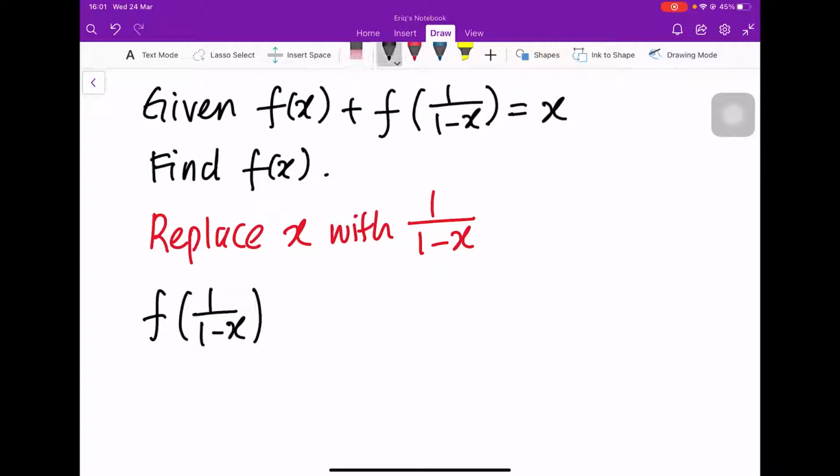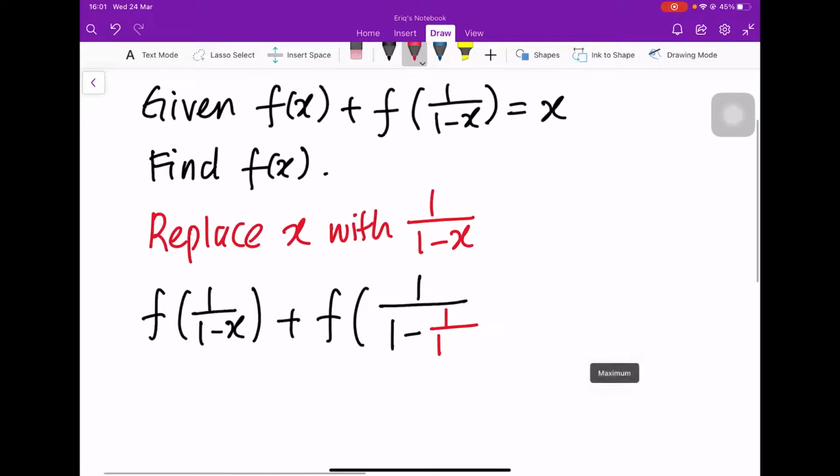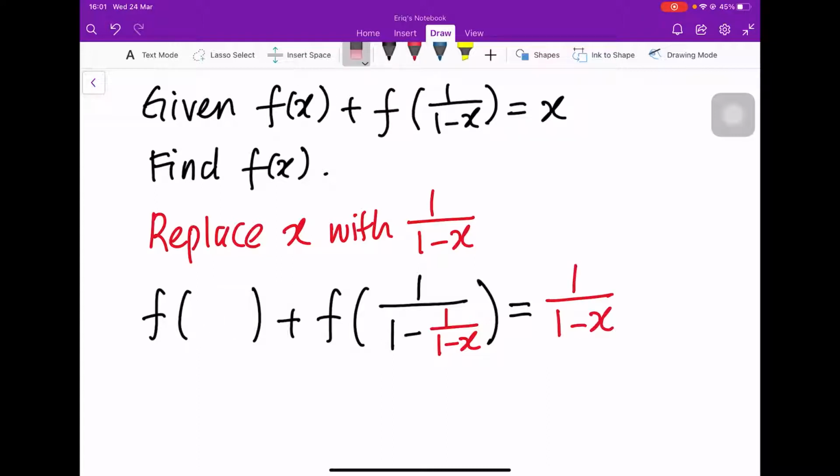So this is added with f of 1 over 1 minus, remember, it is 1 over 1 minus x. In terms of x, we replace it with these terms in red. And don't forget you have to do the same for the right hand side, maybe I use red color for this.